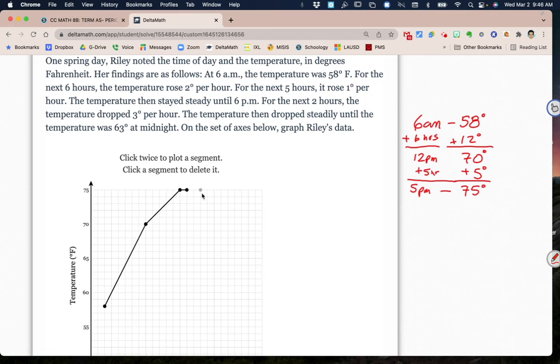For the next 2 hours, it dropped 3 degrees per hour. So 3 times 2 is 6, but it's dropping. And so that's going to be 69 degrees. How many hours do we add? It said for the next how many hours? 2 hours.